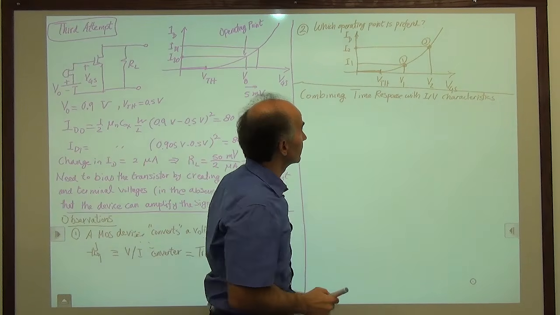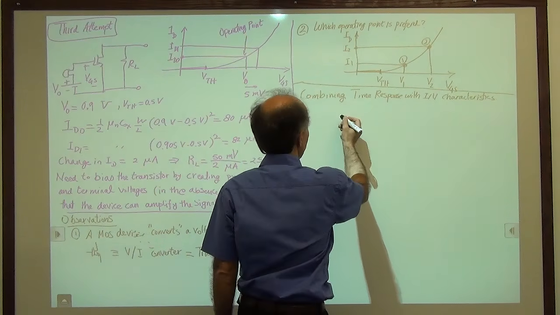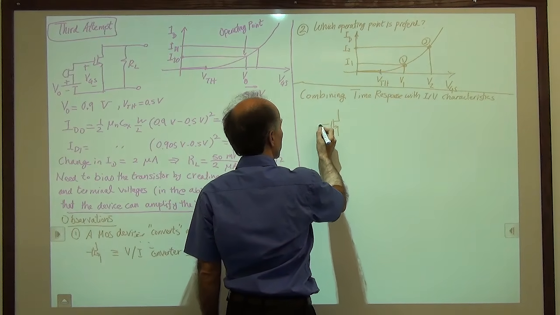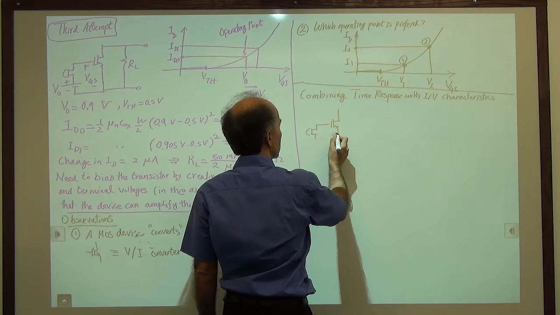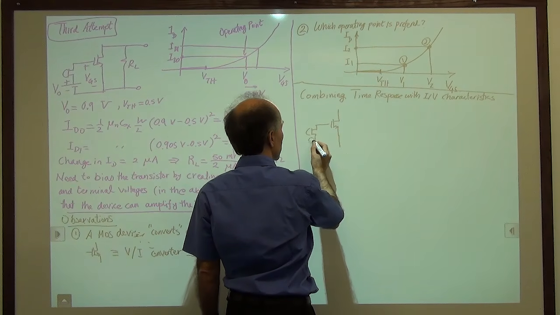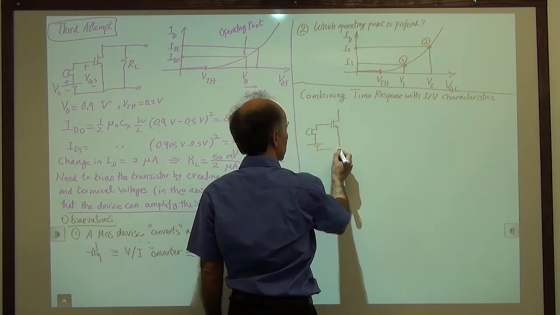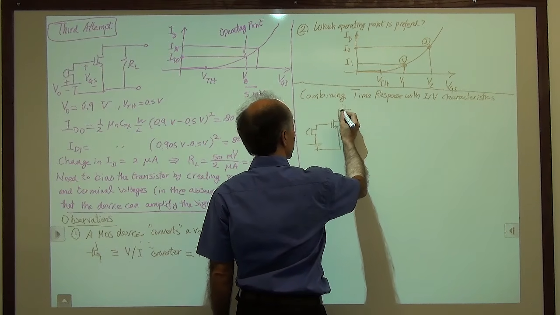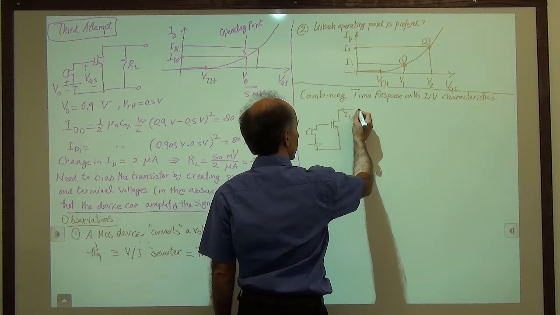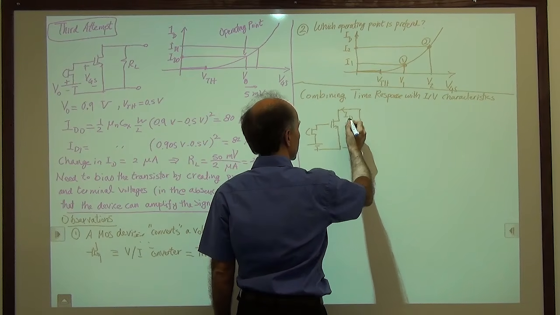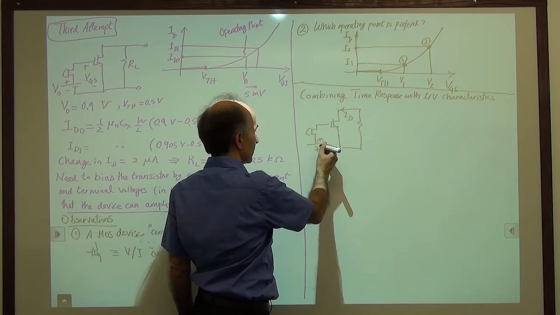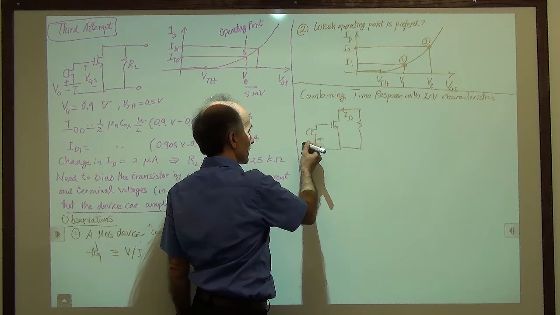Okay, so again, let's go back to our simple amplifier where we have a microphone and we have a battery and so on. Okay, and let's just focus on the drain current of this device, ID. We have some other stuff here, but we don't worry about that too much. Just ID, this current. Okay, so again, there's a certain bias.